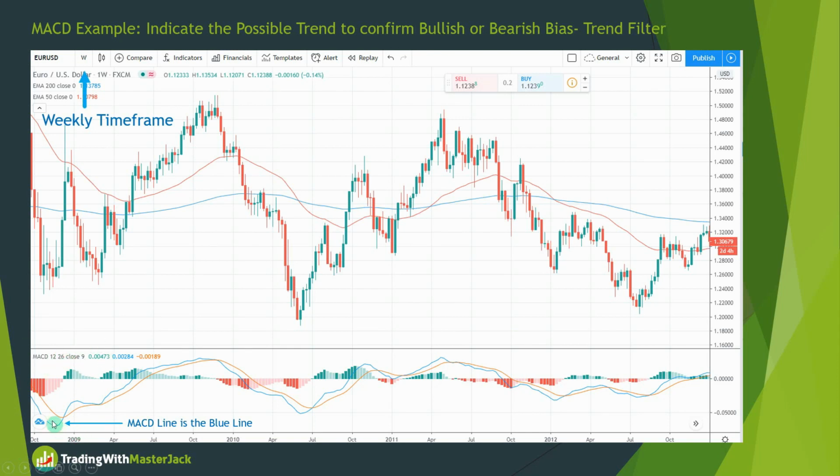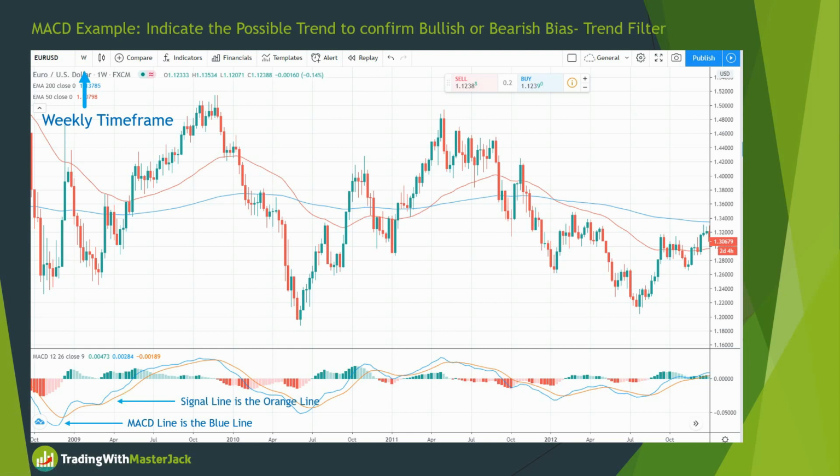Our MACD line is this blue one, and it would most likely be different on your chart. Depending on the software or trading platform you use, it could be a different color, but you can also set that color to whatever your preference may be. And that is our signal line, in this case the orange line.